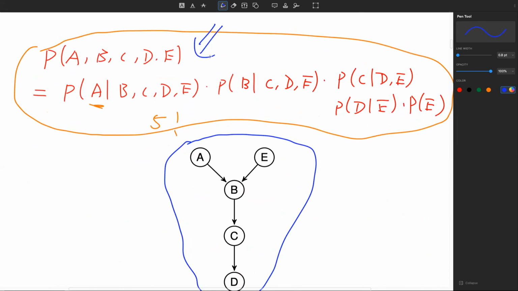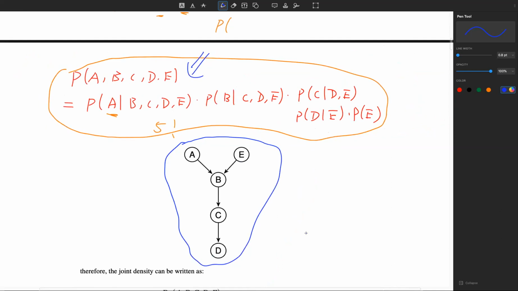In fact, knowing the conditional independence, your conditional probabilities actually become a lot simpler. Can anyone guess what would be the corresponding joint density of this once you knew what the probabilistic graphical model is?